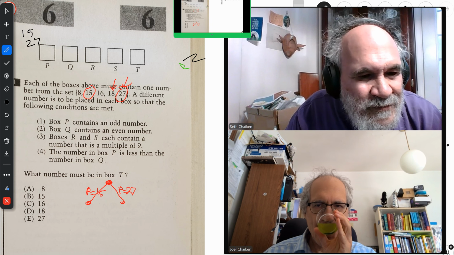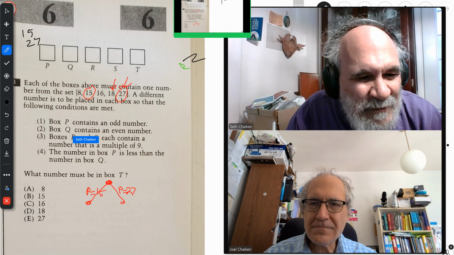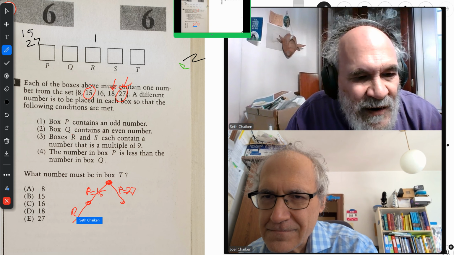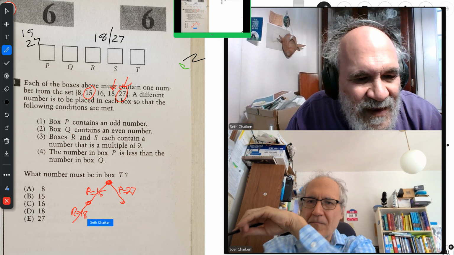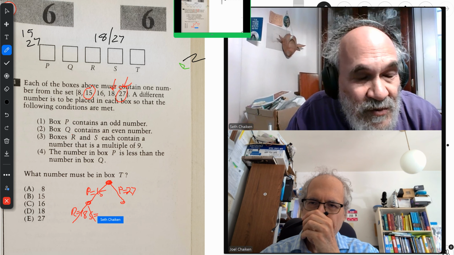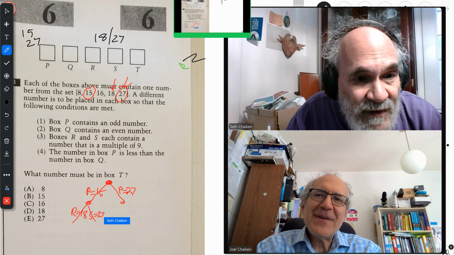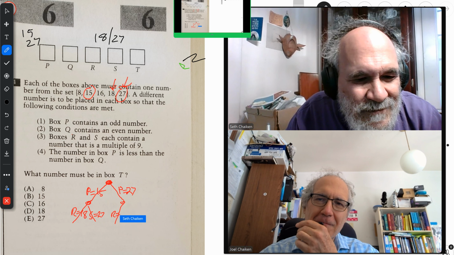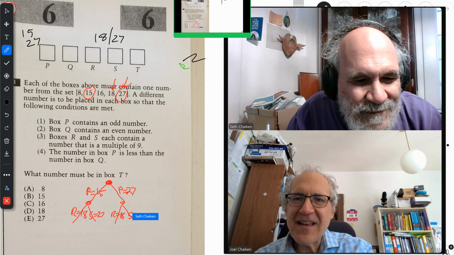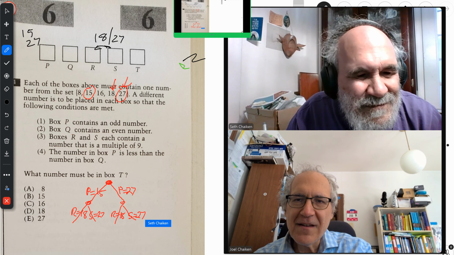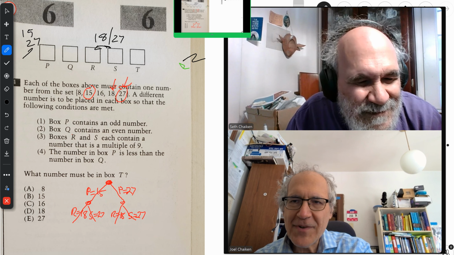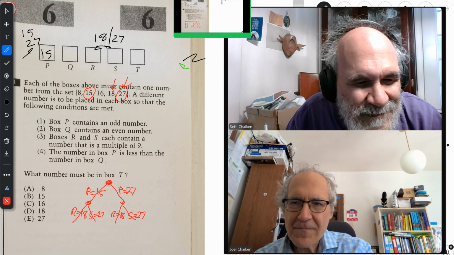So R equals 18 and S equals 27, or the other way around. So immediately P is 15, because 18 and 27 are stuck in R and S, so 27 can't be in P. P has to be 15.